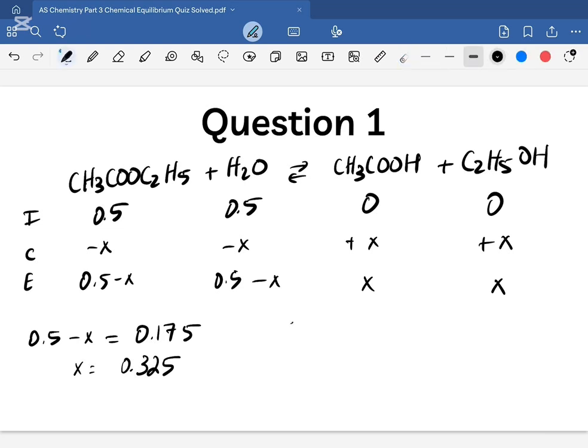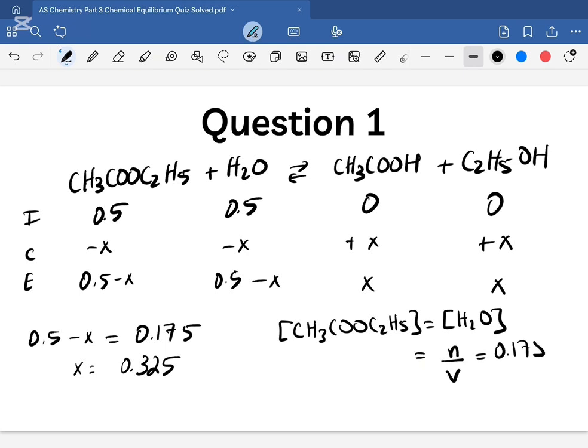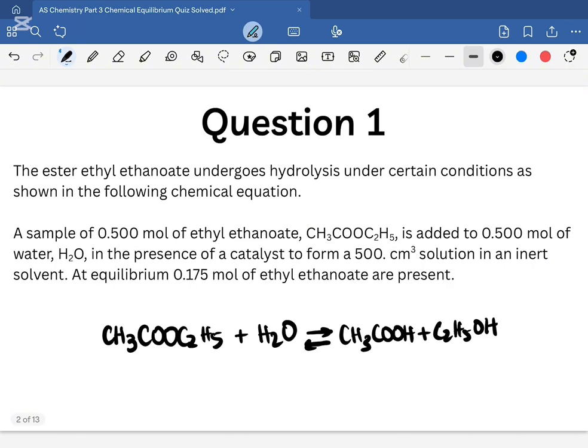So we are going to get the concentration of CH3COOC2H5, which is equal to the concentration of H2O, which is equal to the number of moles over the volume, 0.175 over the volume. The volume was 500 cm³, and I'm going to change it to liters.